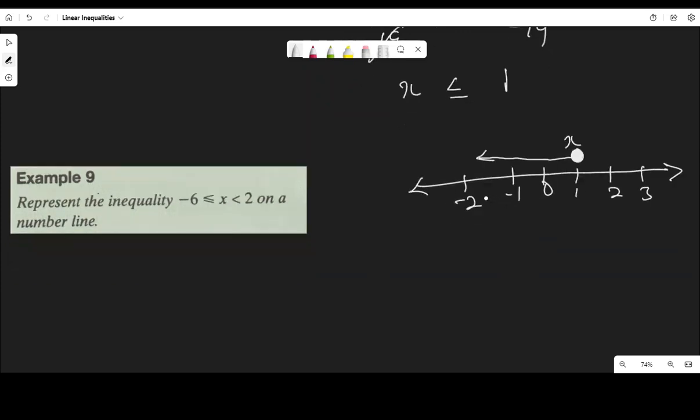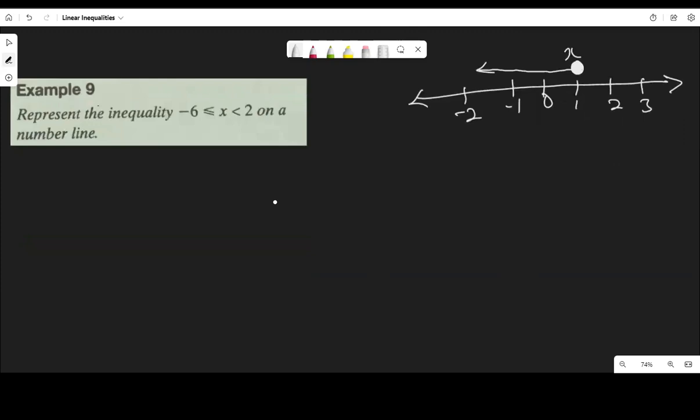So that is that. Then we have example 9 here, which wants us to represent it on a number line: -6 is less than or equal to s, which is less than 2. So you draw your number line, 0, 1, 2, 3, and 4, and so on.